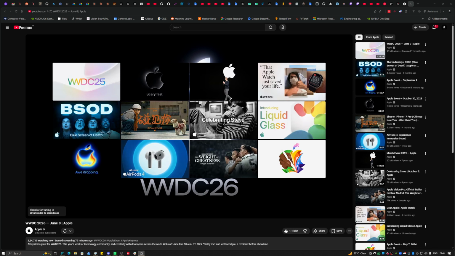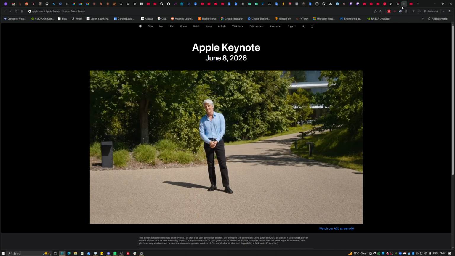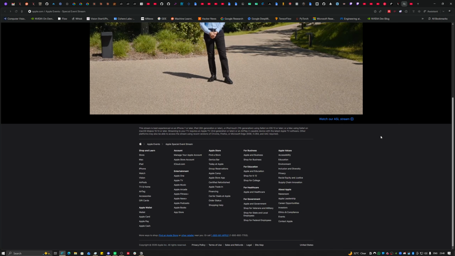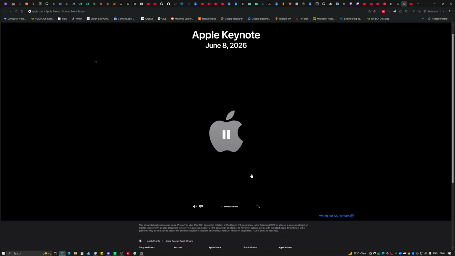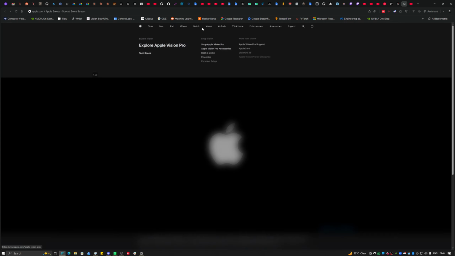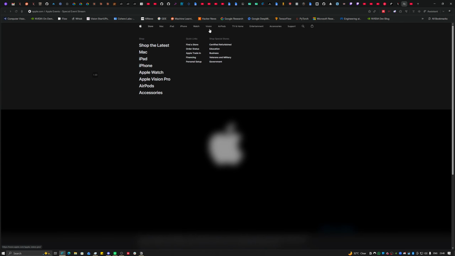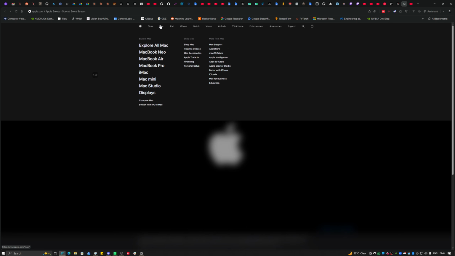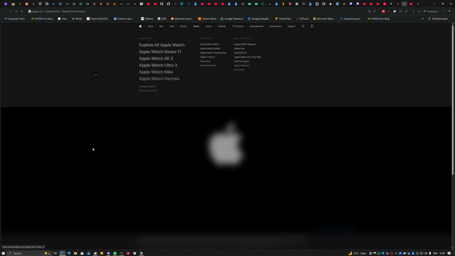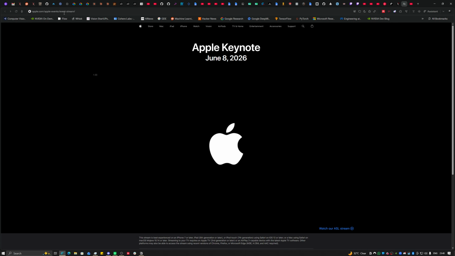For the Platform State of the Union and others, we will get to see those details. We'll have to find it.